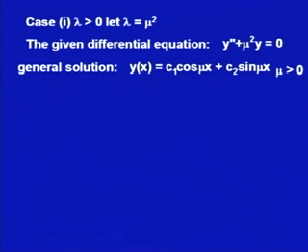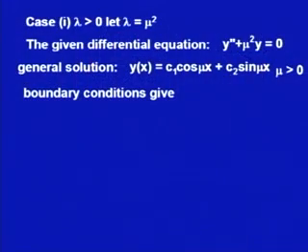And we will assume here that mu is positive, because it does not matter whether mu is negative or positive; lambda will always be mu square, a positive real number. So we will take mu as positive. Now, the boundary conditions y at 0 is equal to 0 and y at pi is 0 give C1 is 0 from the first condition, when x is equal to 0.